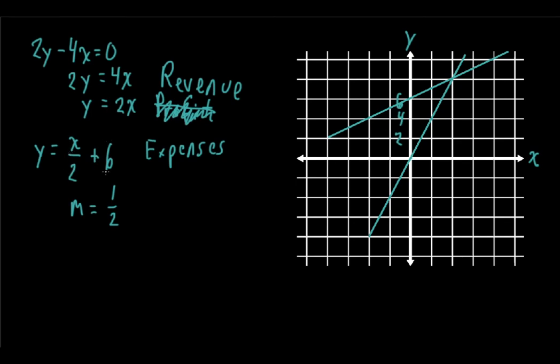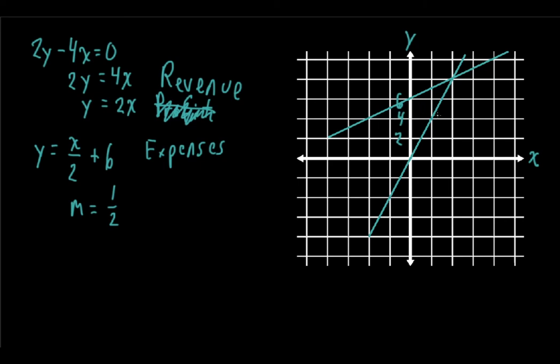And you also have some initial expense, €6. So that might be just to get set up to buy the glasses that you're going to be using, or to paint your sign, etc. So your initial cost would be €6 just to get started, and then for every glass of lemonade, you're losing, again, €0.50.